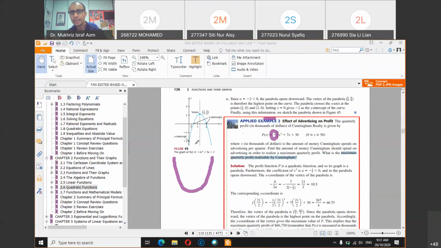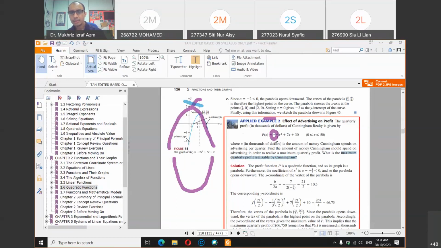But if the coefficient for your x square is negative, then the shape of your quadratic will be an inverse U shape, something like what you see here. So first you look at the sign of your x square coefficient. In this case it is negative, so it will take the inverse U shape, which means the top of the curve reflects the maximum point.